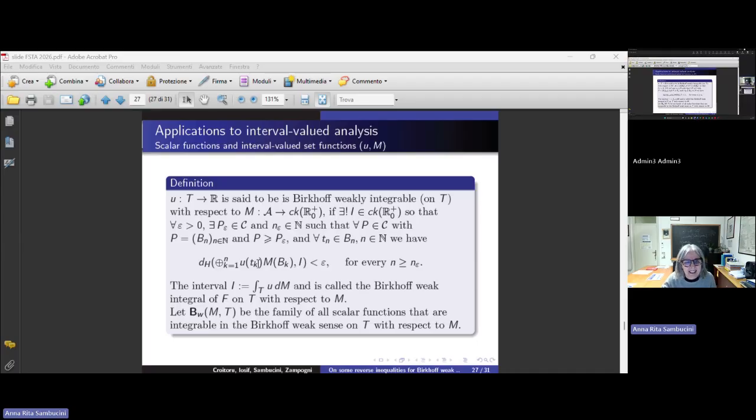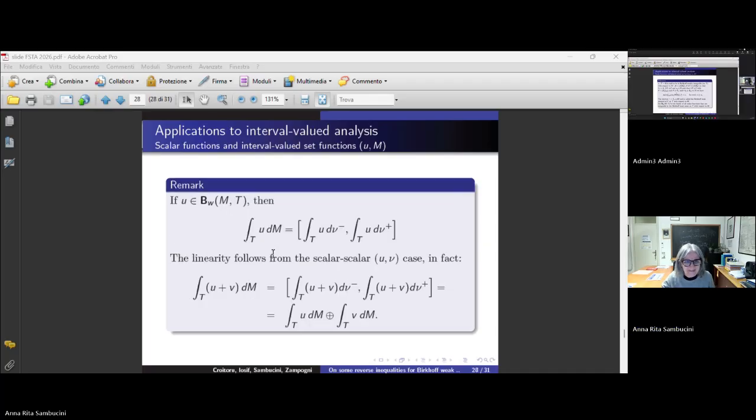The only difference is that in the Minkowski addition, now u is scalar and capital M is interval valued. As before, the integral of a scalar function is an interval determined by the integrals of u with respect to the endpoints set functions n minus and n plus.